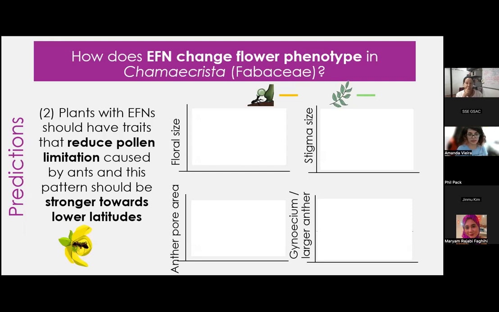And for the second hypothesis, again, we have the latitude on the x-axis. I forgot to add it, but we have lower latitudes and higher latitudes. And again, in orange, plants with extrafloral nectaries, and in green, plants without extrafloral nectaries. Regarding floral size, plants might have larger flowers in lower latitudes compared to higher latitudes. The stigma should also be larger in lower latitudes than in higher latitudes.